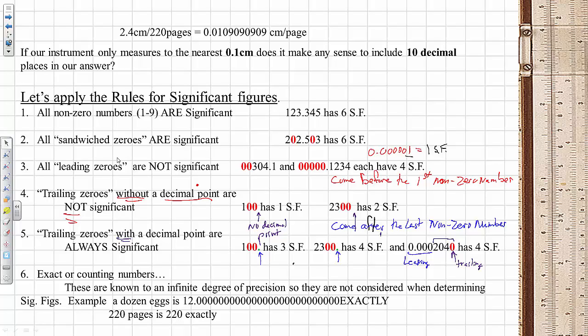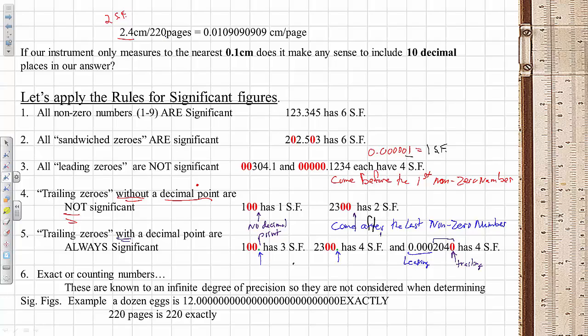So if we look up here in this calculation, we had this first number here has 2 sig figs, according to rule number 1. Rule number 6 tells us that we don't even need to consider this.